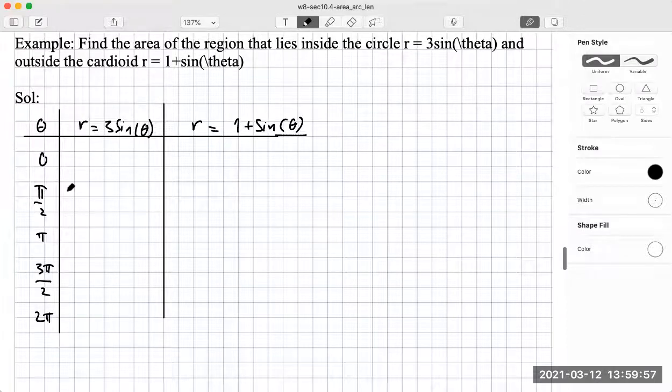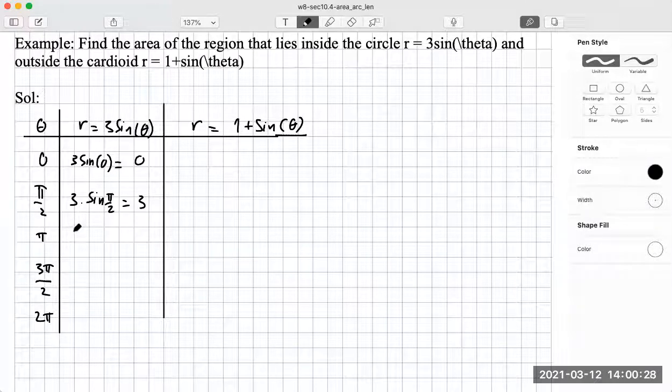Let us compute the first one. At 0, r of the first curve will be 3 sine 0, and sine 0 is 0. Very good. And at pi over 2, sine of pi over 2 is 1, therefore we have 3 here.